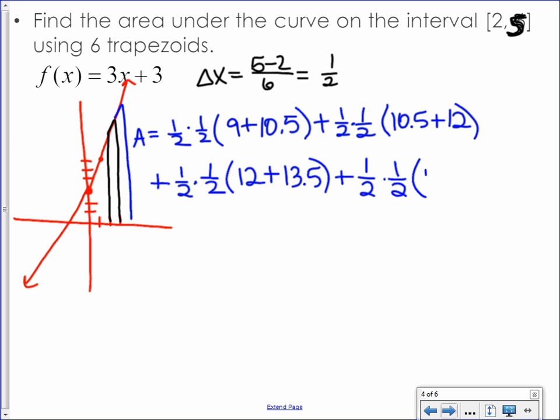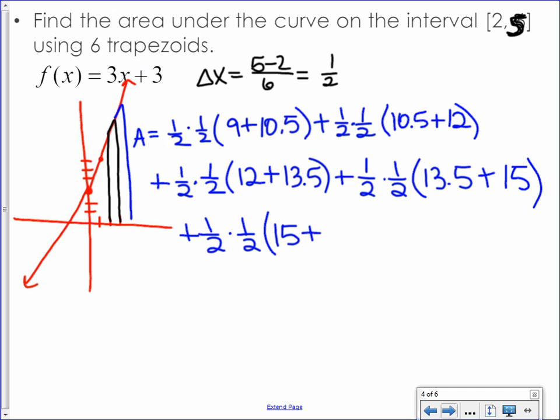Okay. Our next trapezoid, 1/2 times the height. One base is when we plug in 3.5. One base is when we plug in 4. Next trapezoid, 1/2 times the height times one base is where we plug in 4. One base is where we plug in 4.5.